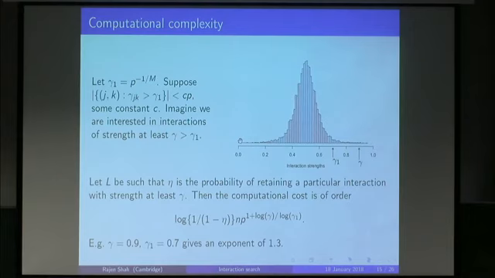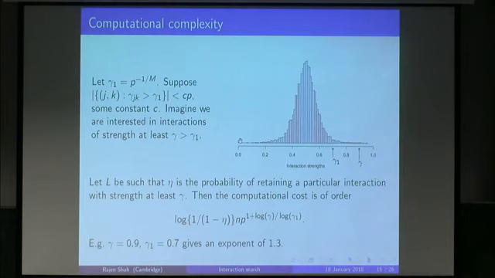So there are not too many of them. Think about a histogram of interaction strengths that you might have. We're thinking that this gamma 1 is on the right-hand side of it, so there's not much in the tail here. And suppose we're interested in finding interactions of strength at least gamma, and gamma is going to be slightly further in the tail than that.